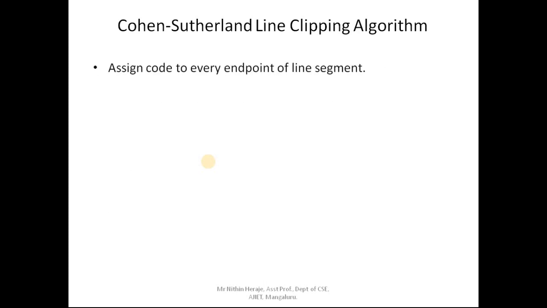As a part of the algorithm, we need to assign a code to every endpoint of the line segment. We'll see what that code is, and we also call it the out code. The border lines of a clipping window divide the plane into two halves.